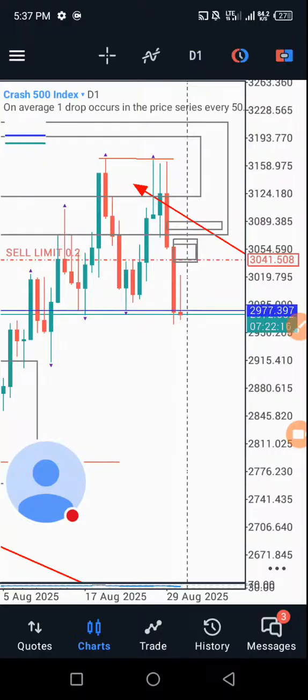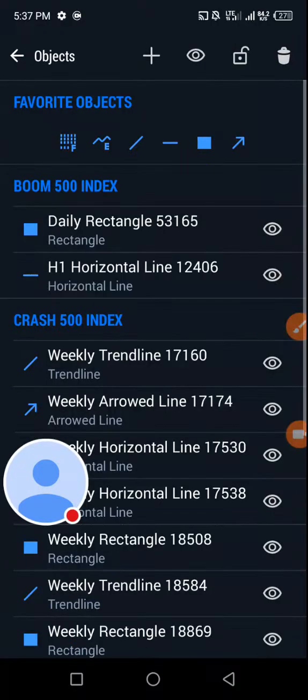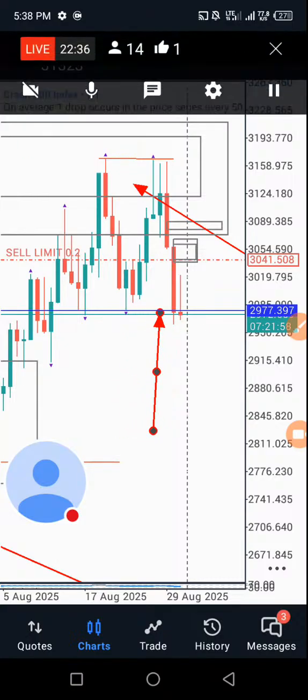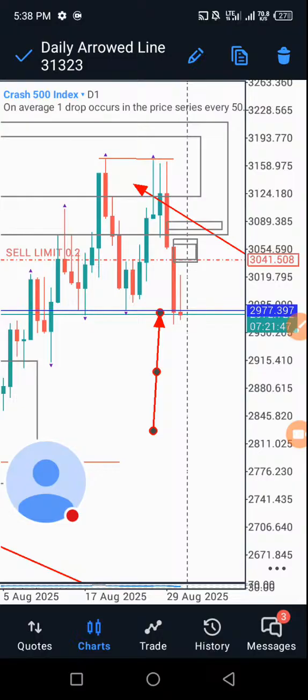So here we can see that market actually breaks below and closes below. But I'm not going to consider this as my change of character. Remember, a change of character is still like a break of structure, it's just because of what the break of structure is doing. So this change of character, I'm not going to consider it.